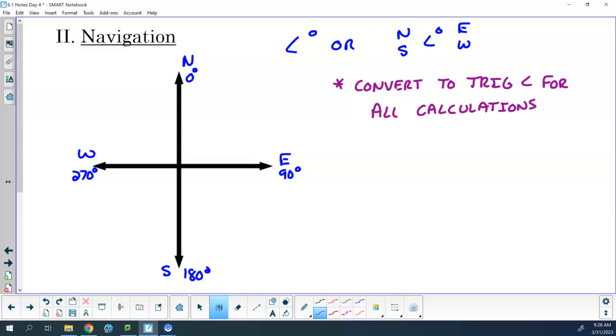When they fly from the United States back to Germany, if there's no wind, they're going to fly directly to Germany.